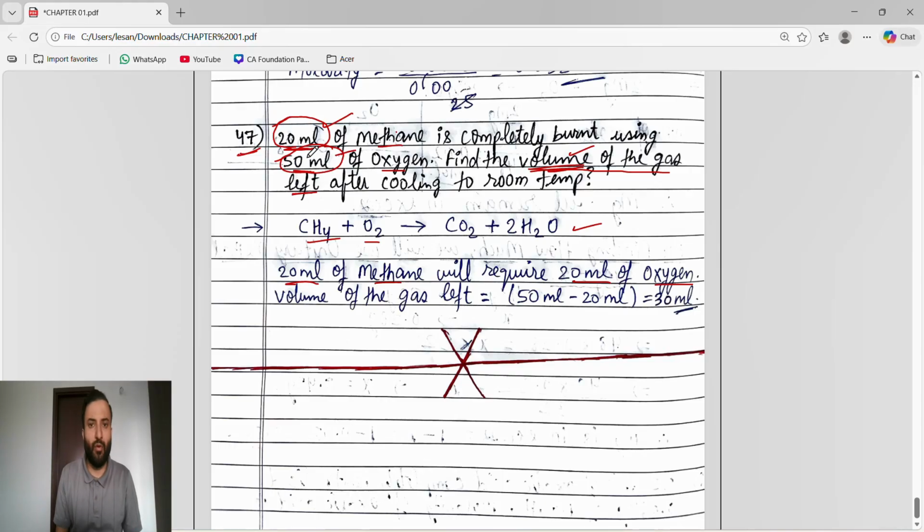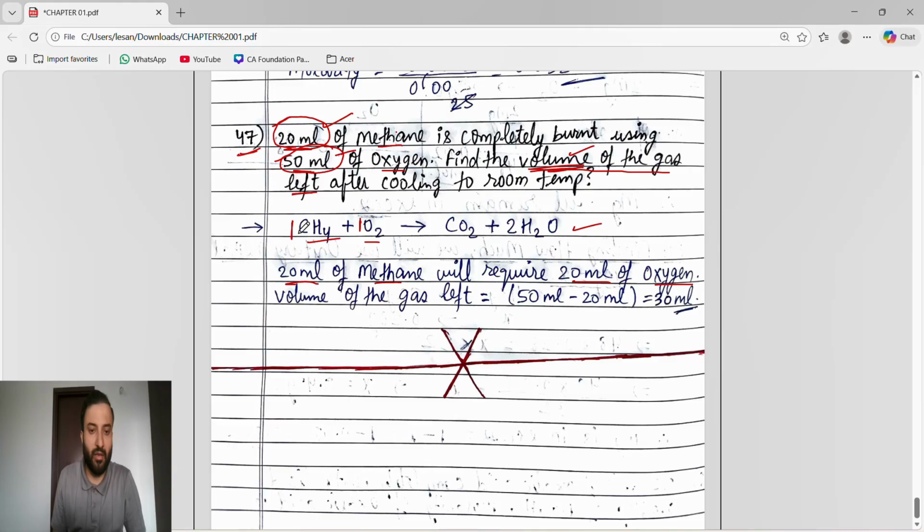So 20 ml of methane is completely burning in 50 ml of oxygen. So what is the volume of gas left out? Simple. 20 ml of methane, if I burn it, will take 20 ml of oxygen. How can we say that? The reason is the ratio here: 1 mole of methane, 1 mole of oxygen.